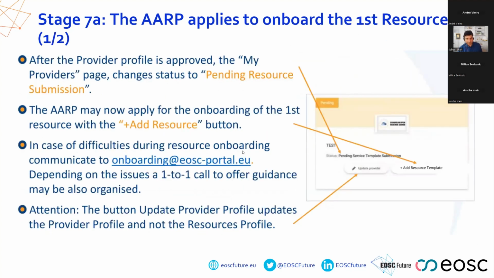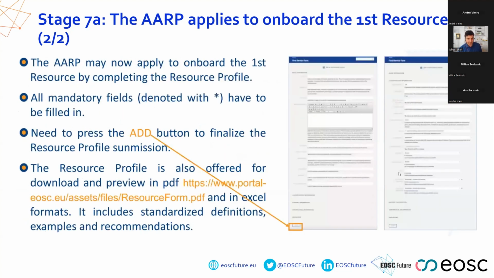So here on your provider webpage, you can click on the Add Resource Template button, and this will add a new data source. It will lead you to the new data source web page.